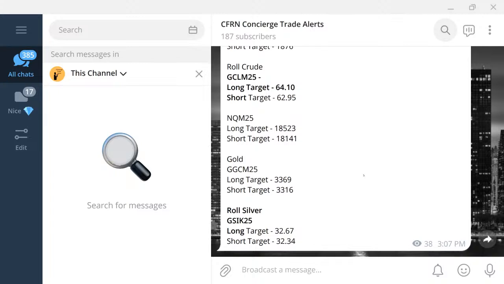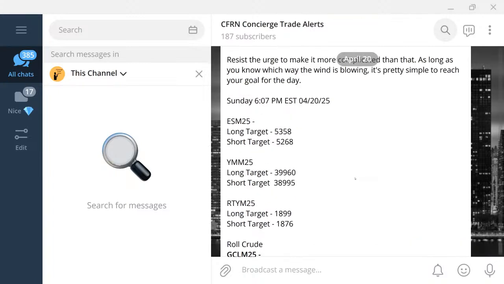Now, Sunday nights, it's usually not possible for me to get the CTAs out prior to the open, and I put a post in the discussion group last week.